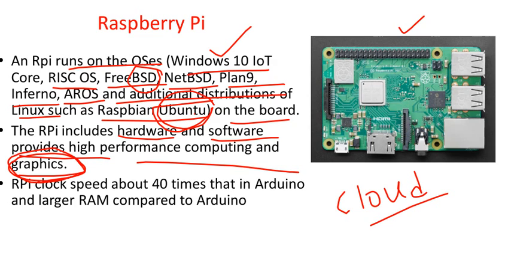And again, if you look at the next point, the clock speed is about 40 times that of Arduino, and the RAM capacity is also much higher than that of Arduino.